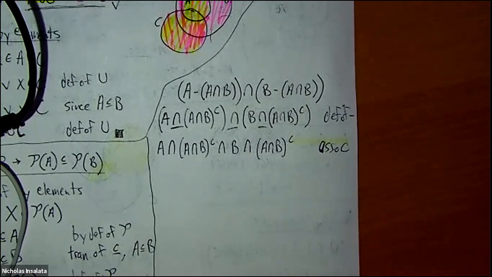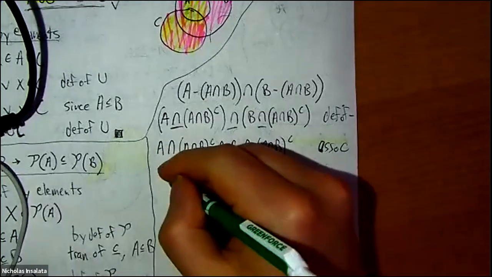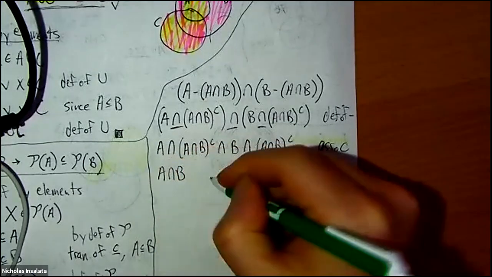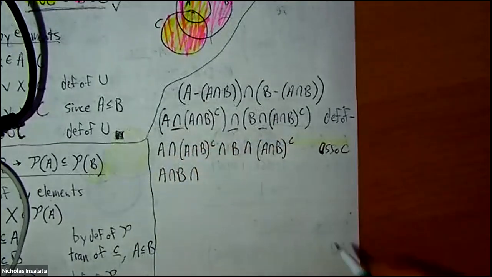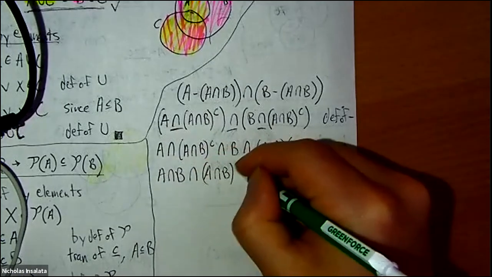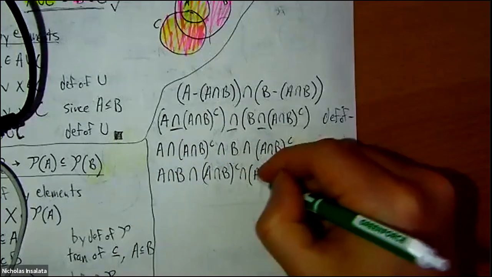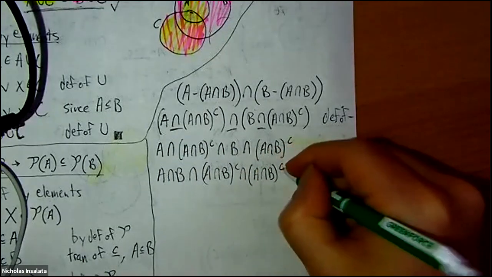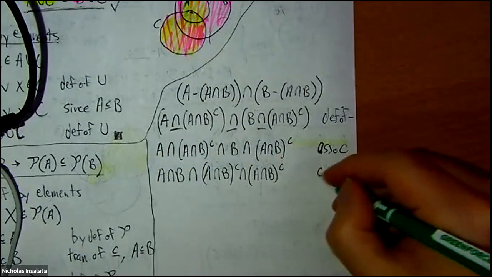Yeah, very good. So we can use the commutative property to reorder items. So I can say, okay, I've got A intersect B intersect A intersect B complement intersect A intersect B complement, right? That's by the commutative property.